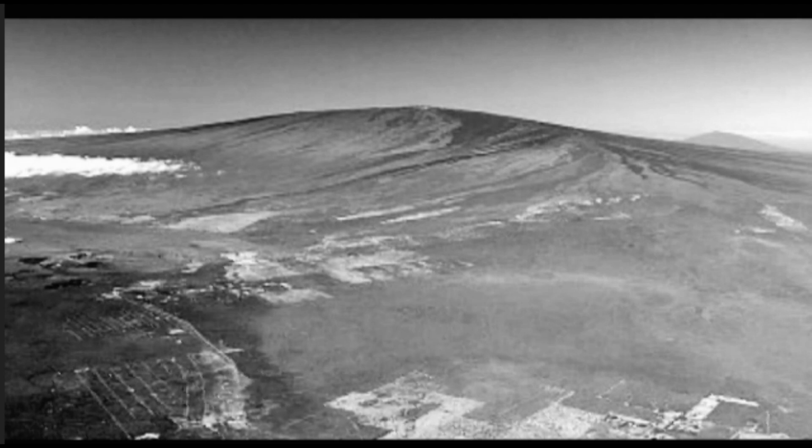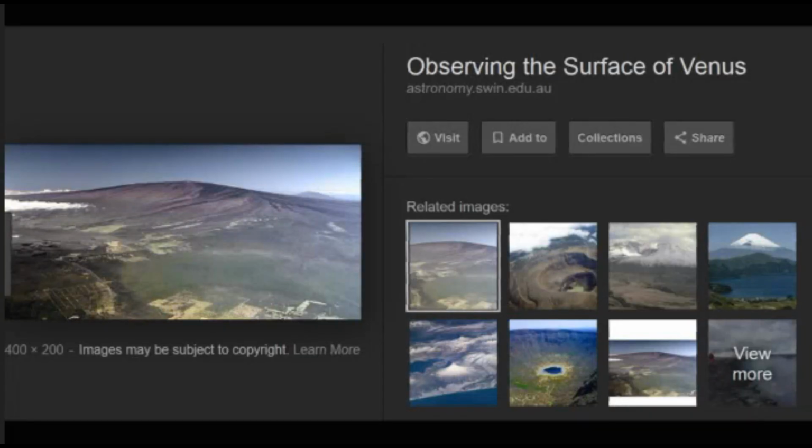So I went back and I went for a search. This looks just like Earth, doesn't it? So what planet looks like Earth the most? It's Venus. Somebody was giving us a heads up that this image was taken from the surface of Venus.